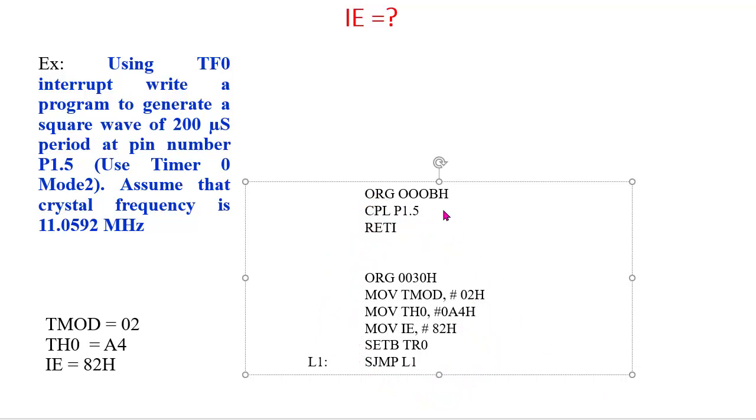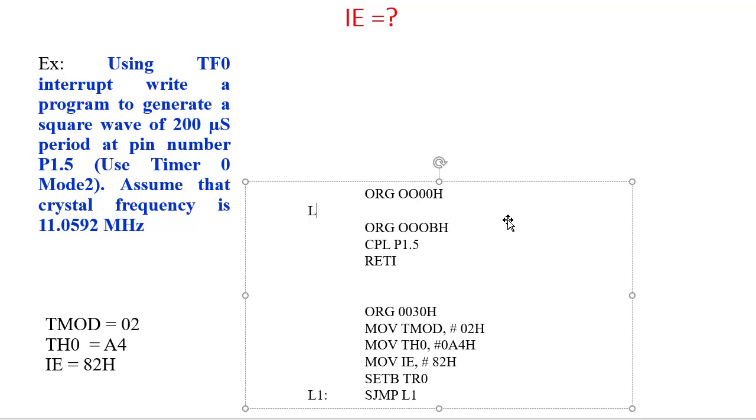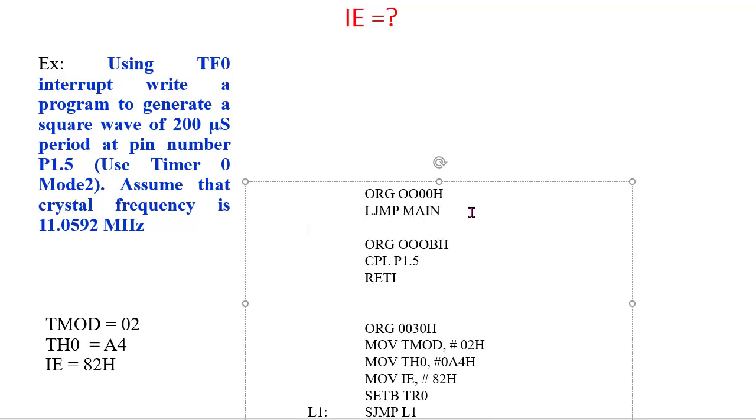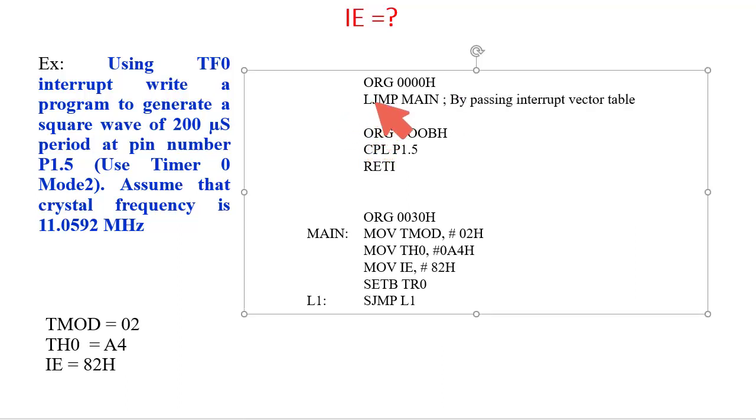To complete this program, we may introduce a few more instructions. We may write ORG 00H, and here we may write LJMP, and where will it jump to? It will jump to main. Where is the main? The main is here. This is used for bypassing the interrupt vector table. When the program starts to run, it will execute this LJMP main.